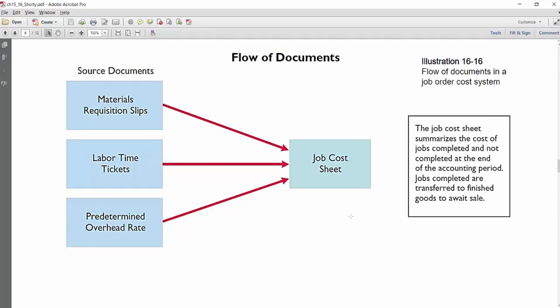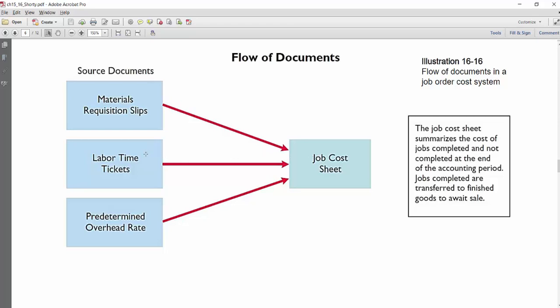So where do we get the information in order to keep track of all of these costs? Well, they come from source documents. For example, the materials we use that we can trace to each unit we make, we would grab from a material requisition slip. And we would use that material requisition slip to keep track of each job's material costs.